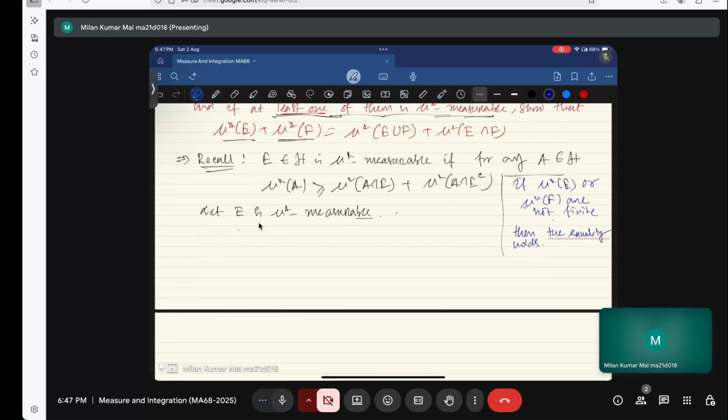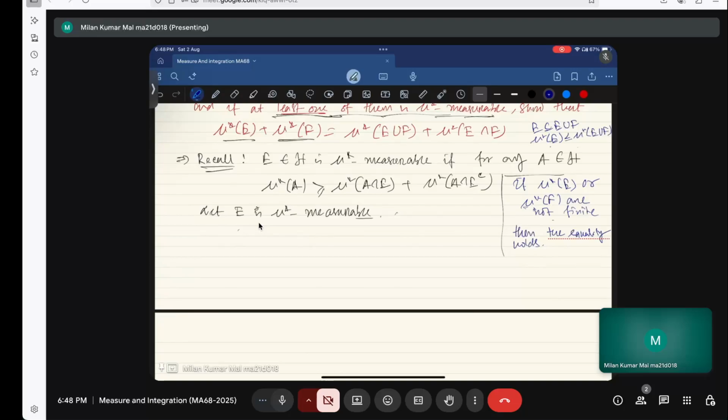If mu star E is infinite, as E is a subset of E union F, therefore mu star of E will be less than or equal to mu star of E union F.